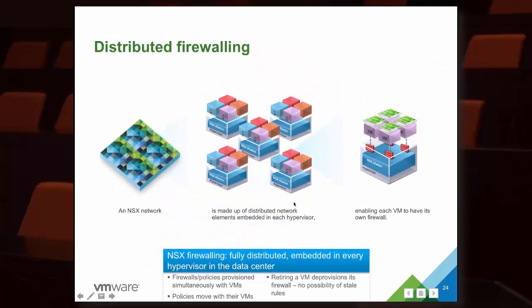Distributed firewalling is at the core of the concept of micro-segmentation. It takes our NSX network, which we know is made up of distributed network elements embedded in each hypervisor, and then it allows each virtual machine to have its own firewall.